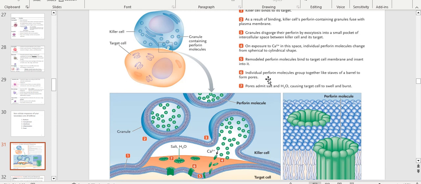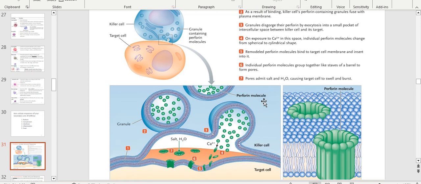Individual perforin molecules group together like staves in a barrel to form pores. Pores admit salt and water, causing the target cell to swell and burst. So you're just creating holes in the target cell, which allows contents to move in and out, generally in, to the point where the cell swells up and bursts.